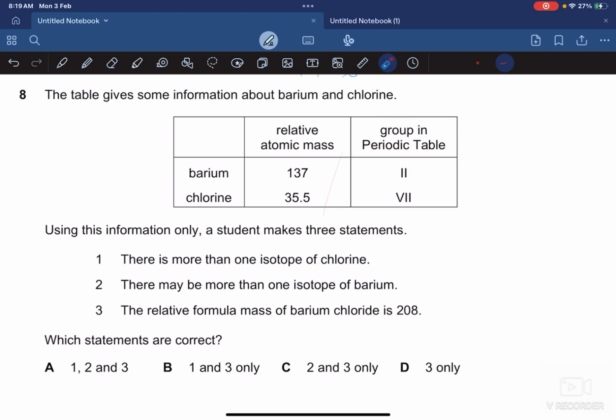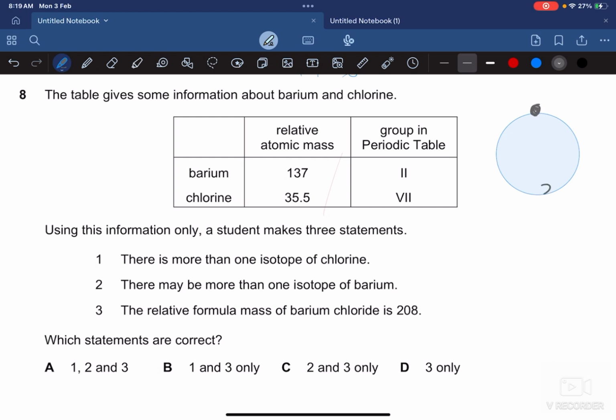What does it mean when you're in group 2? Group 2 simply means that this is your last shell, okay? And group 2 means that you have two of these electrons in your last shell.